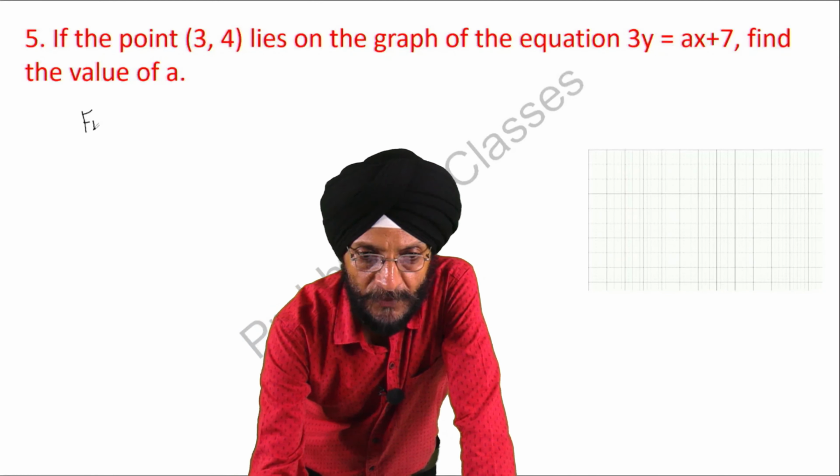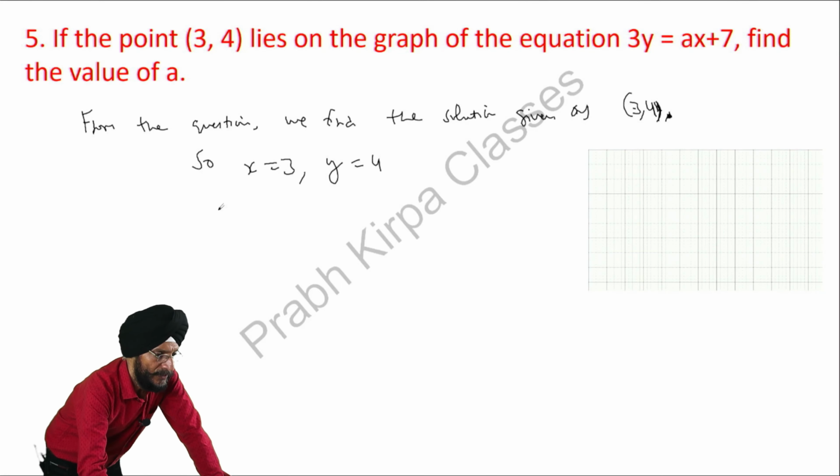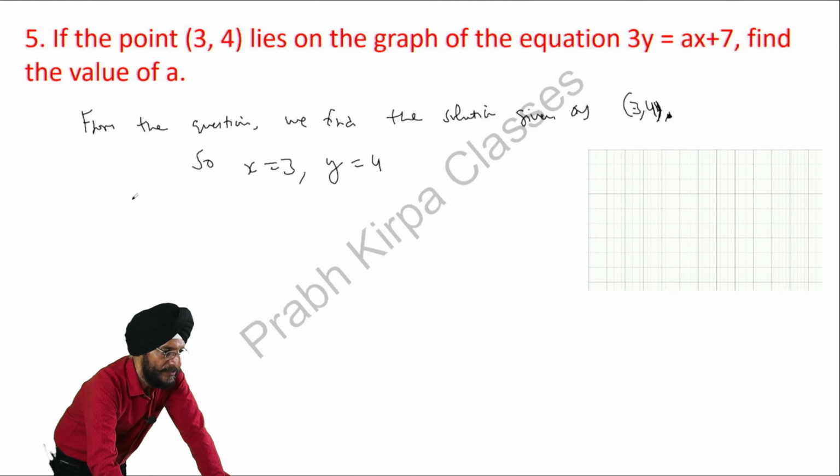This is the solution (3, 4). So x is 3, y is 4. What is the equation given? 3y is equal to ax plus 7.